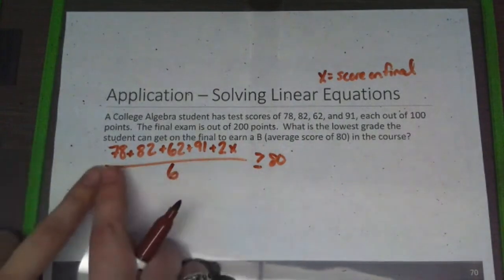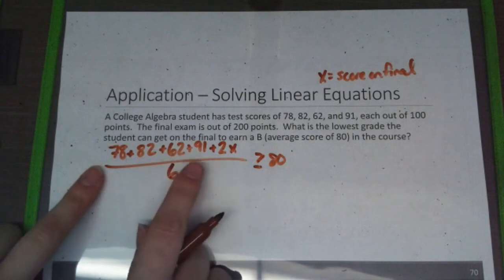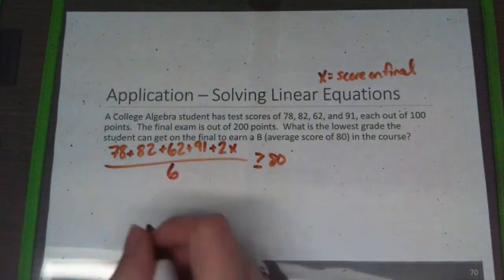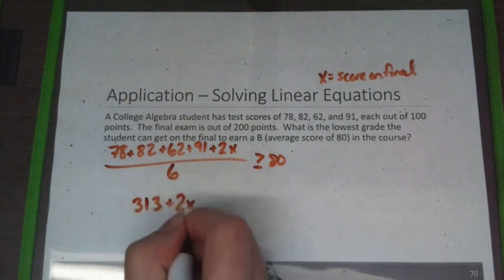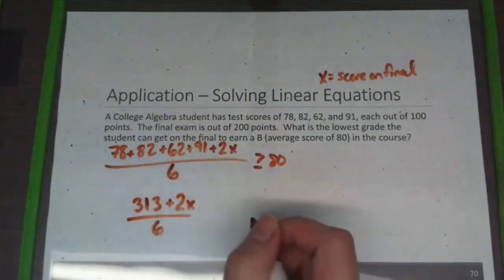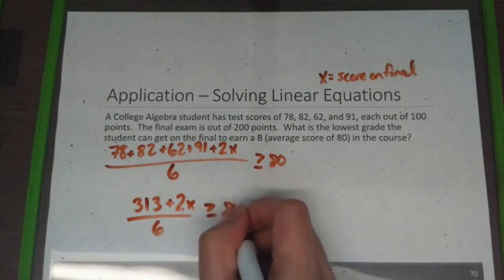I'll start by adding together these numbers in the numerator. 78 plus 82 plus 62 plus 91. That gives me 313 plus 2x over 6 is greater than or equal to 80.